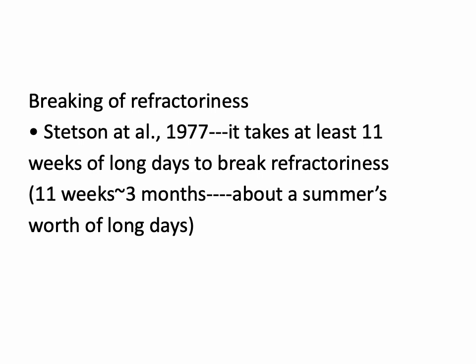So it takes at least 11 weeks of long days to break refractoriness. So once they become refractory to short days and they're no longer sensitive to it, and they go back up into breeding condition in both physiological state and behavior, in order to become sensitive once again to short days in the future, they have to be exposed to long days for a period of time, and that's about 11 weeks, which is about as long as summer.